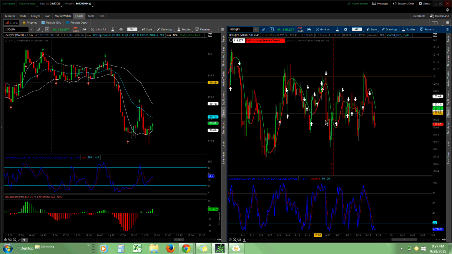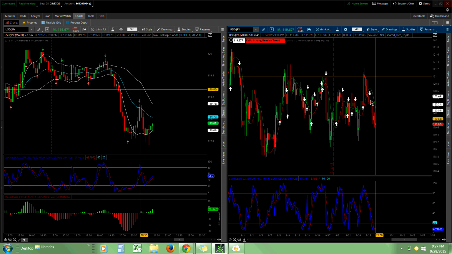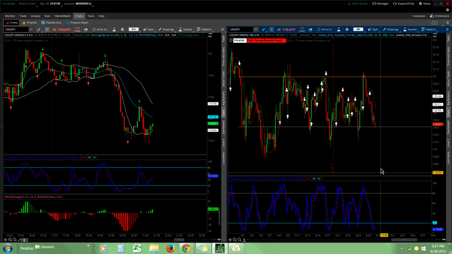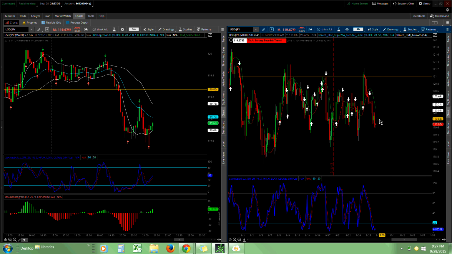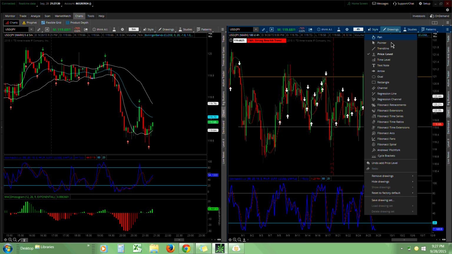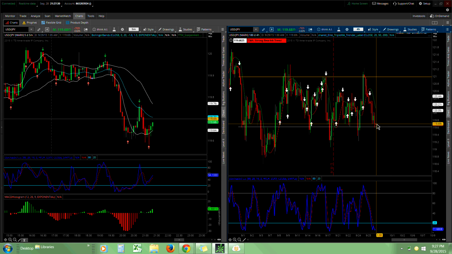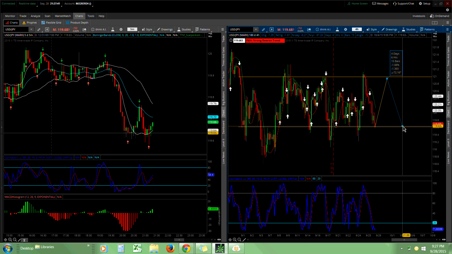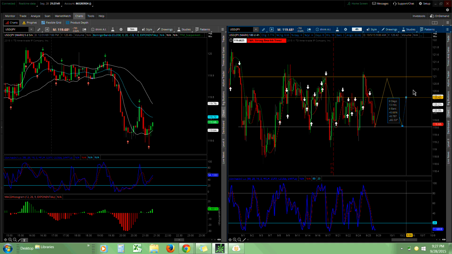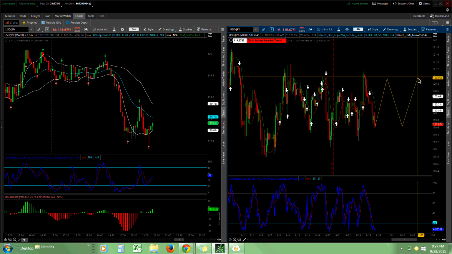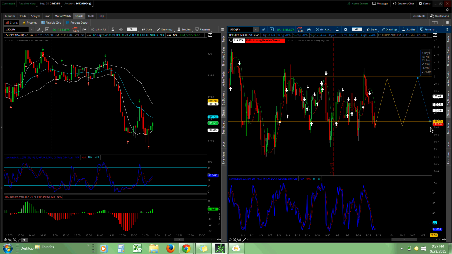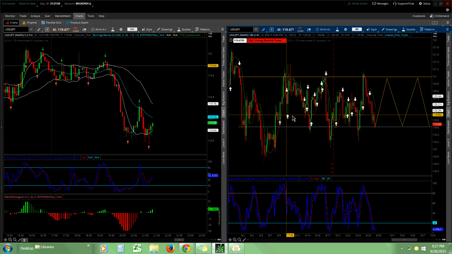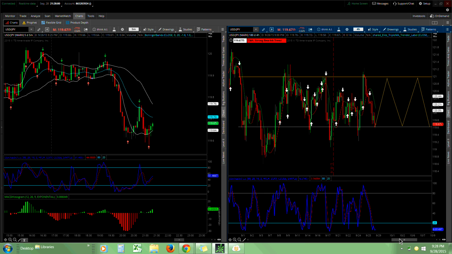Looking at this, we could definitely wait on confirmation on the forex end of things to play on this, because it's been in this area for some time. It's a nice trending channel, basically bouncing from price to price.